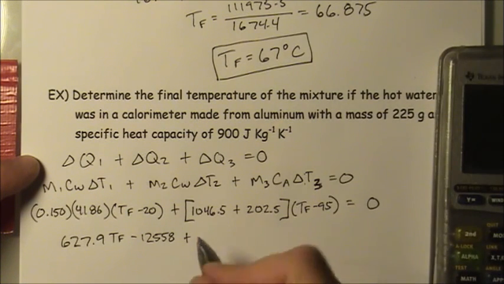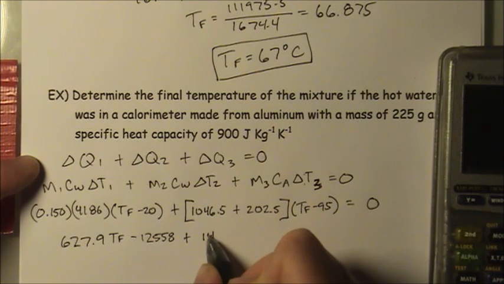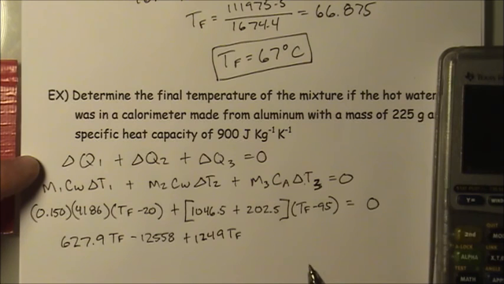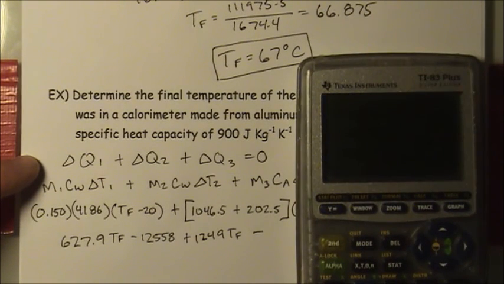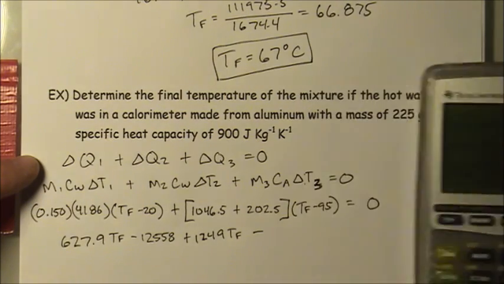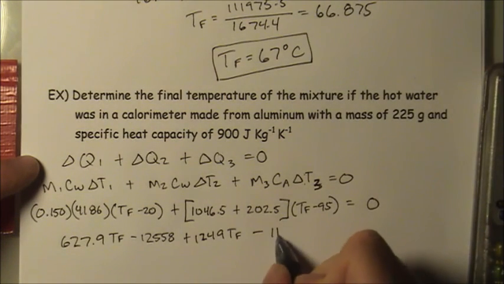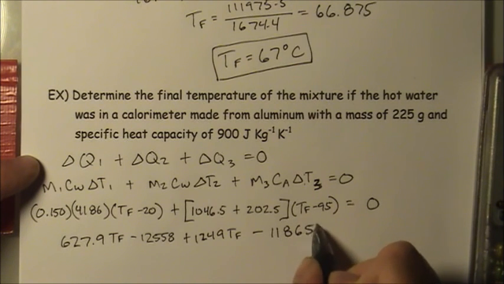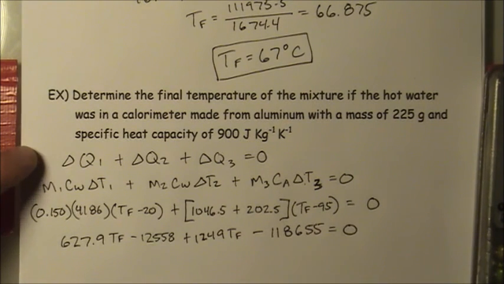So that's going to be 1249 TF, minus that same number times 95, which is 118,655. And that's all equal to 0.